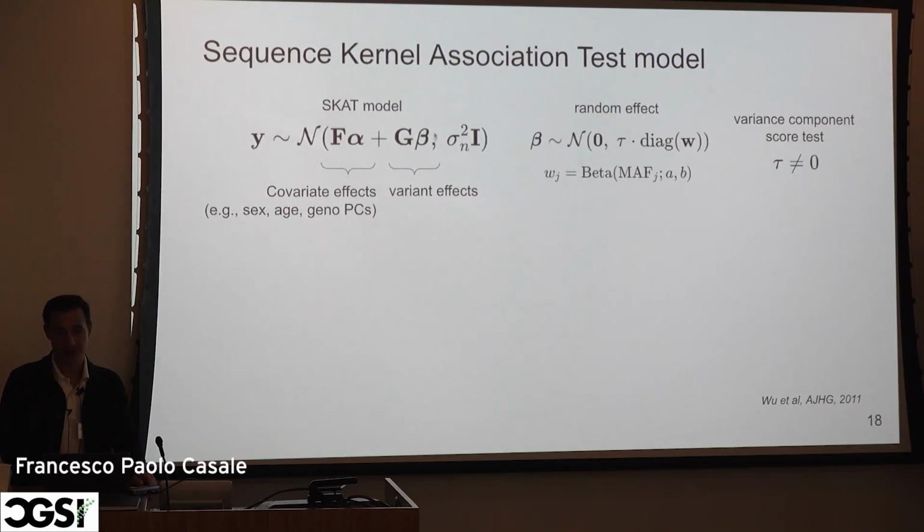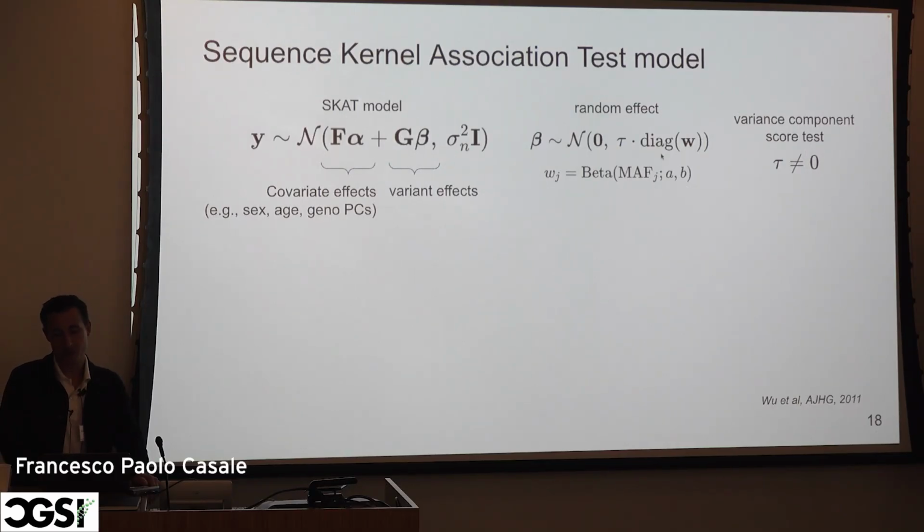The effect of each variant is modeled as a random effect, where the variance of the random effect is a function of the allele frequency of the variant, and the SKAT authors choose the hyperparameters A and B of this distribution such that rarer variants have a stronger impact.